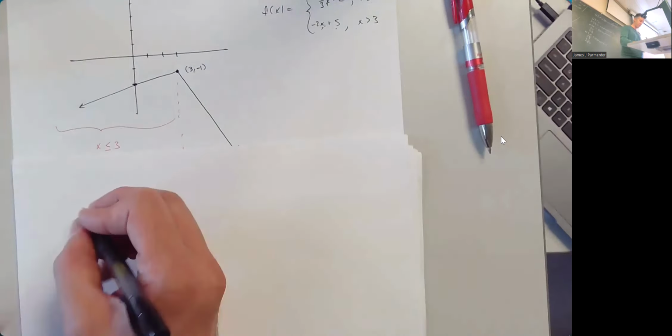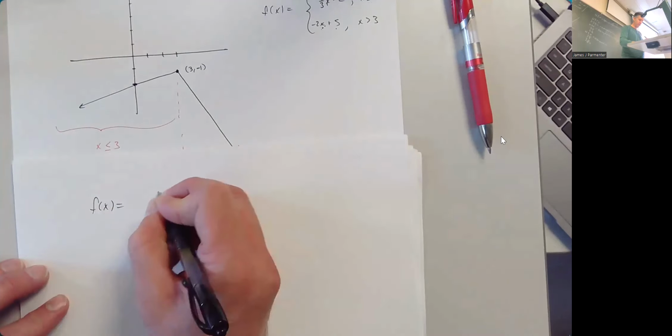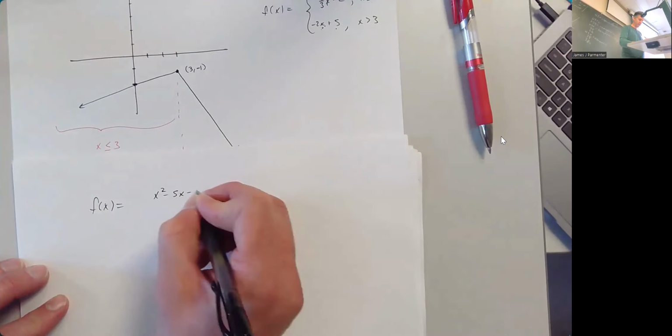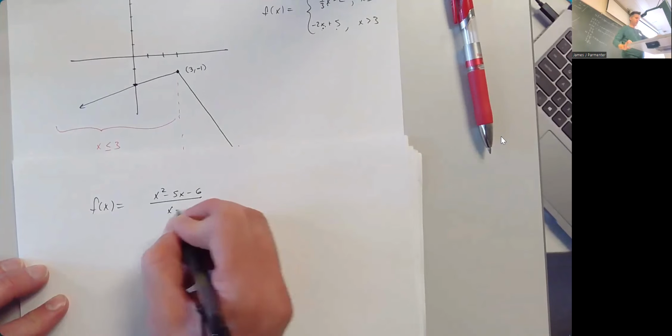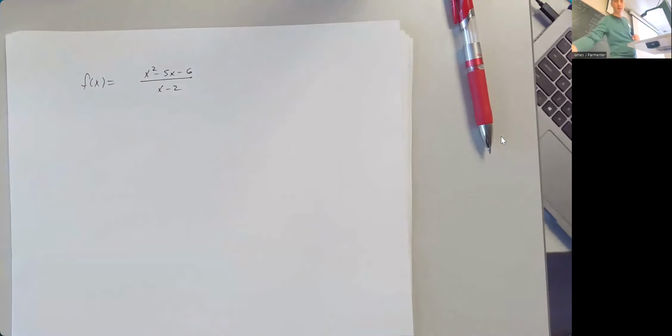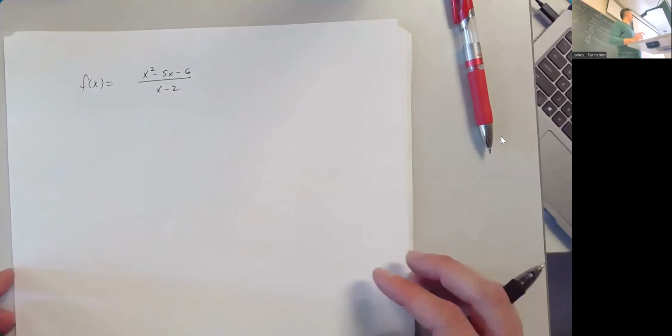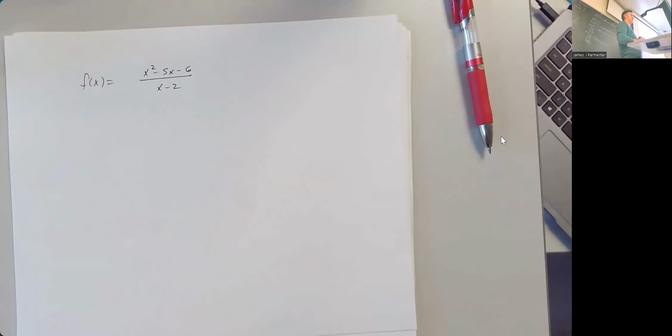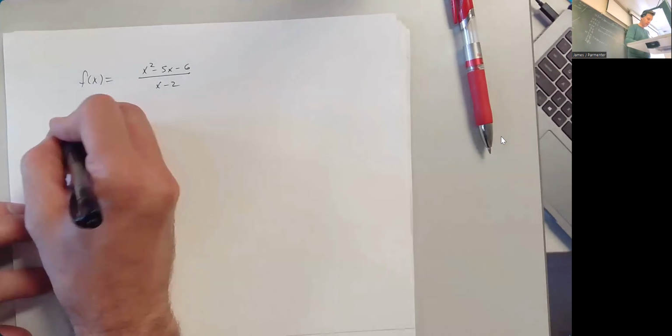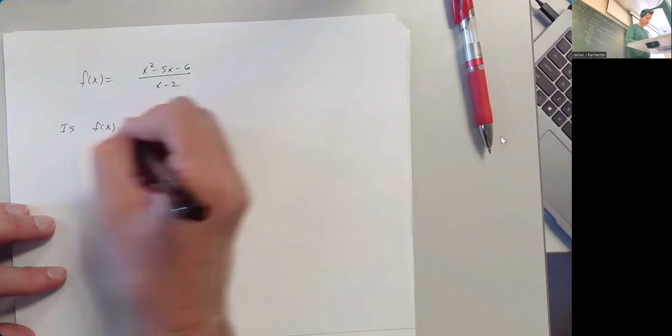Let's say our function is just x squared minus 5x minus 6 over x minus 2. Where do you think I might be concerned about continuity here? At what particular value of x? Seems like it could be dicey. Right. So is f of x continuous at 2?